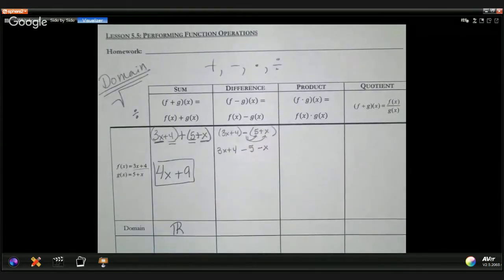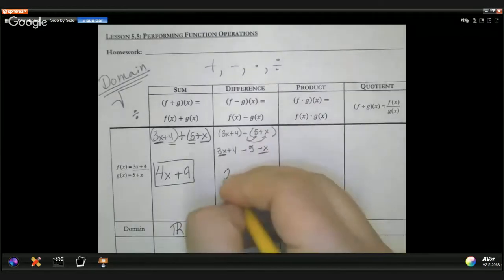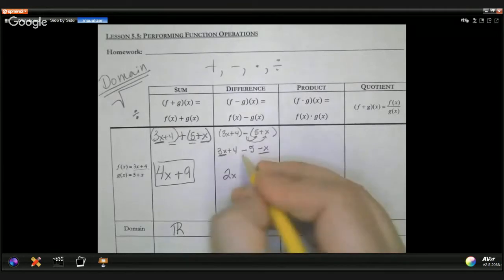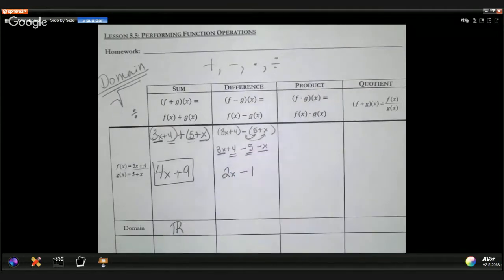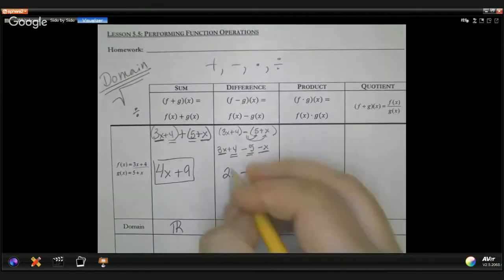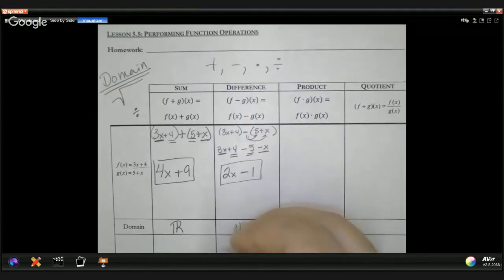And so now when I combine my terms, a 3x and a negative 1x is a 2x. And 4 minus 5 is a negative 1. And so the difference of those two functions is 2x minus 1. And any number I plug in will work. And so this is all reals.